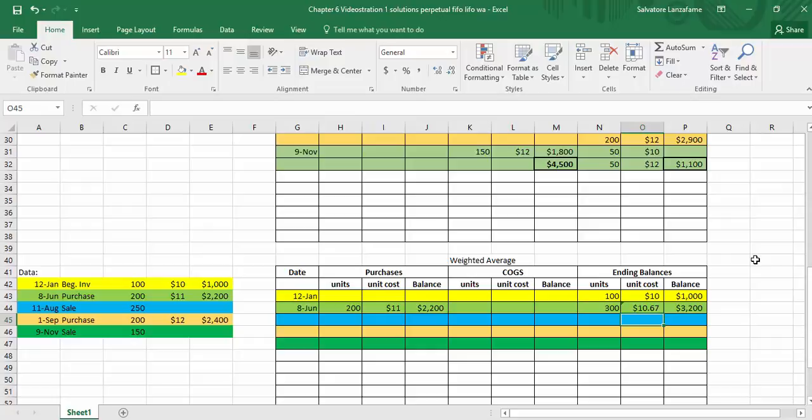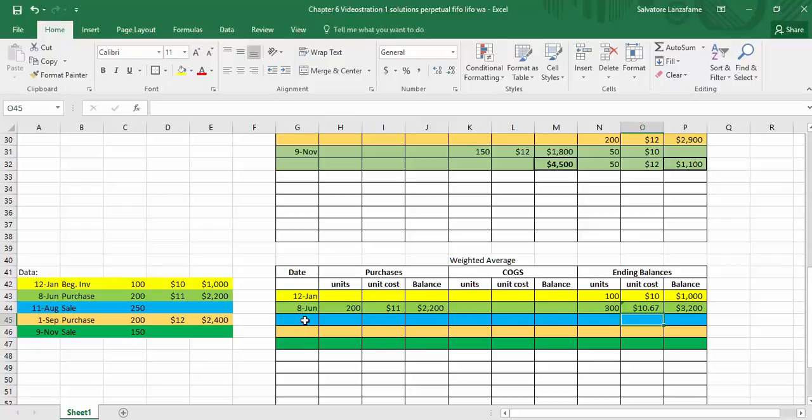That probably is 10.6 repeating, but Excel is showing to the second decimal place, to the cents. Okay, so notice how our unit cost has increased. It was $10. Now each unit has an average cost of $10.67. Every time you purchase, this unit cost will change.